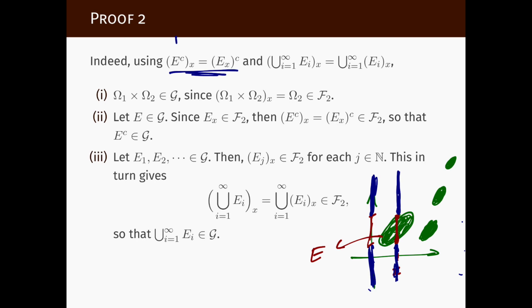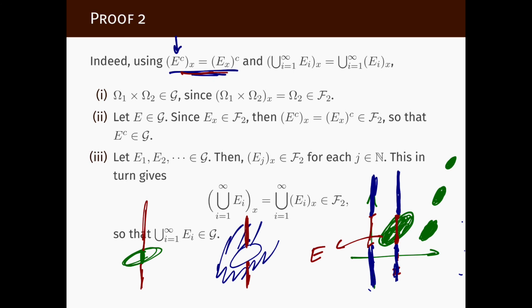So if we take the complement of E, and we take the section by x, this is the same thing as first taking the section by x, and then taking the complement. So we're going to use this in the proof. And another thing we're going to use in the proof is the following.